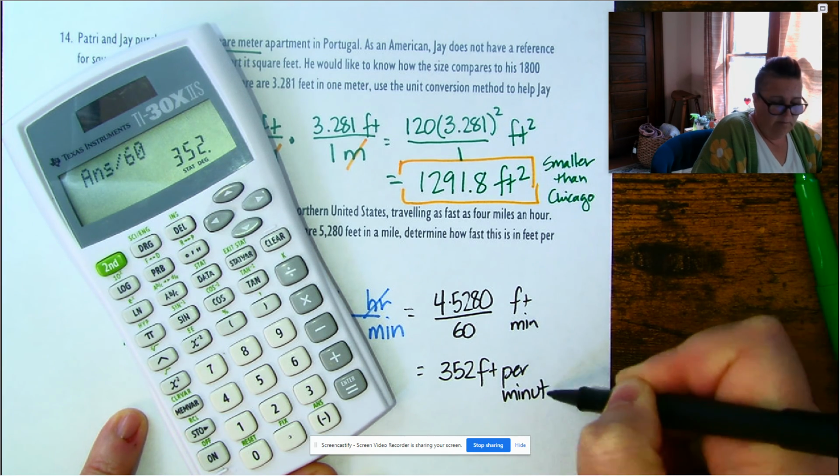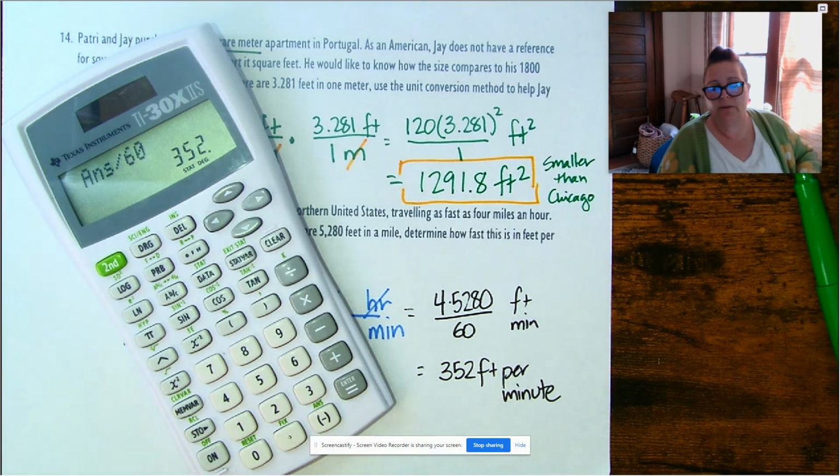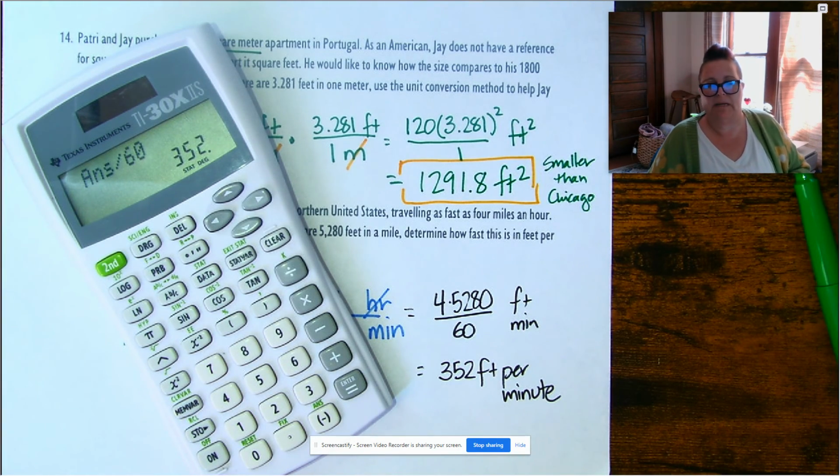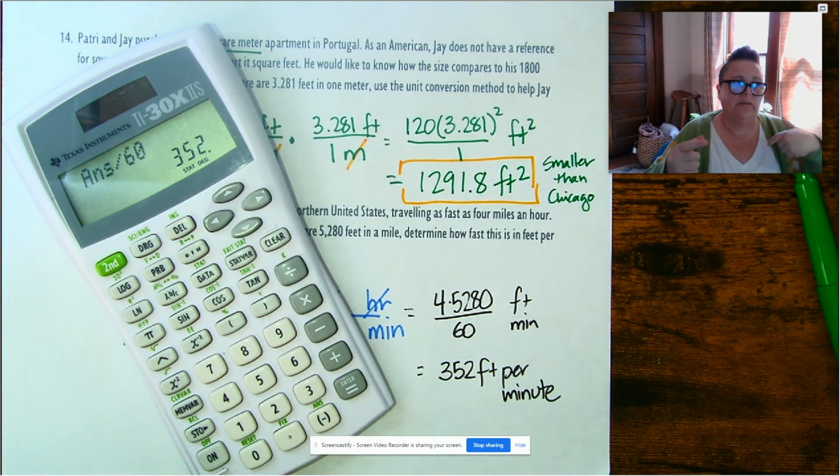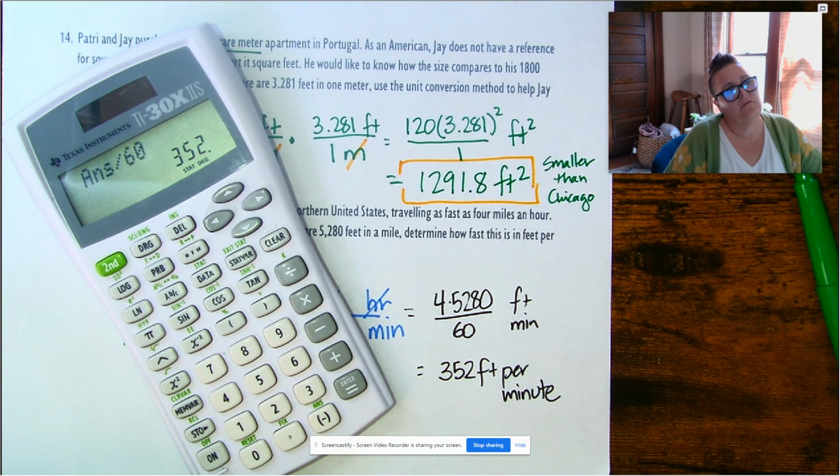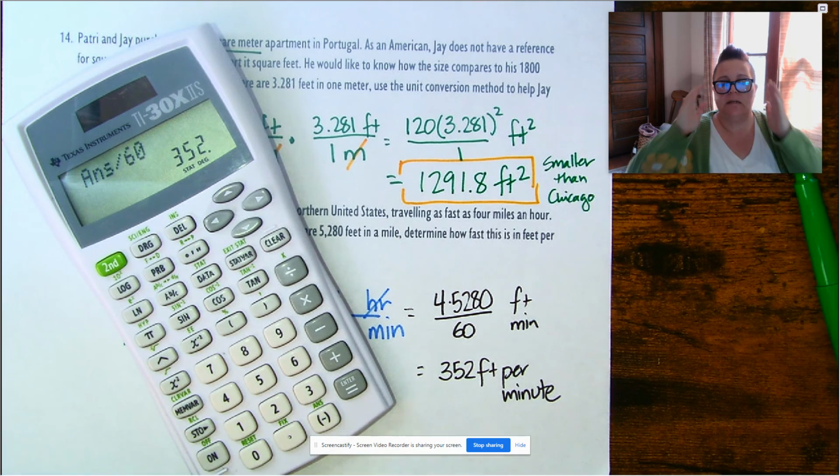Those little monarch butterflies can fly fast. How much is that? That's more than a football field, right? A football field is 100 yards. That's 300 feet. Yeah, I think so. I think that's more than a football field in a minute.